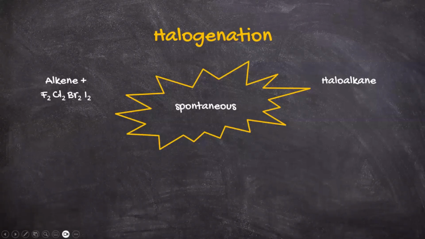They will not ask you for conditions for halogenation because there are none. So if they ask you, is halogenation spontaneous? Yes, it is. Yes, all of these need a non-polar solvent, okay? Some of these you can do in water, but all of these need some kind of solvent.